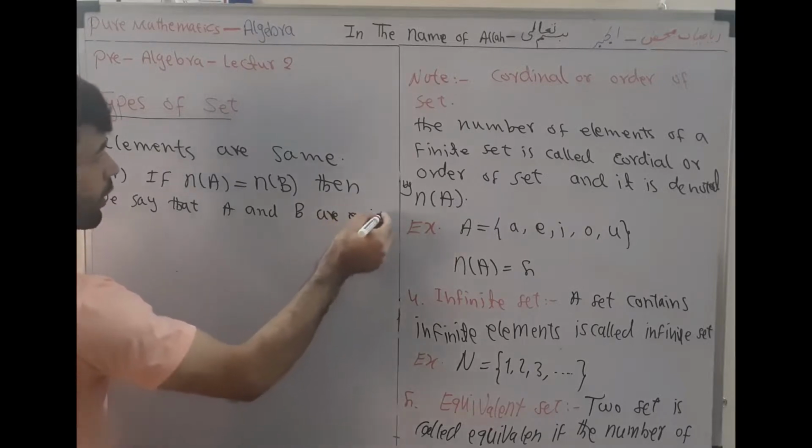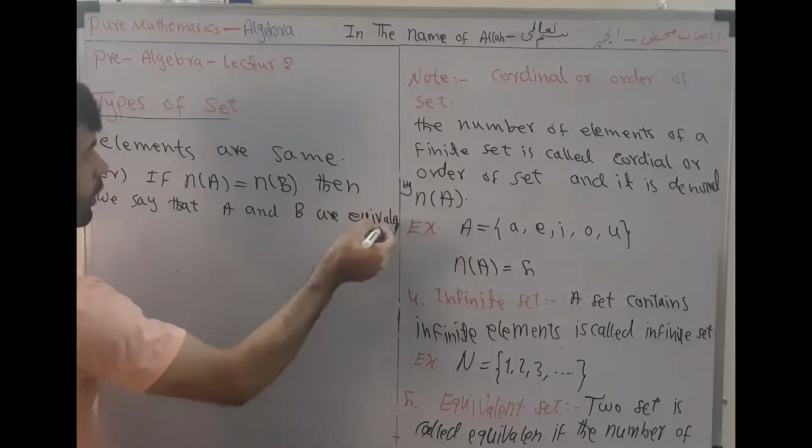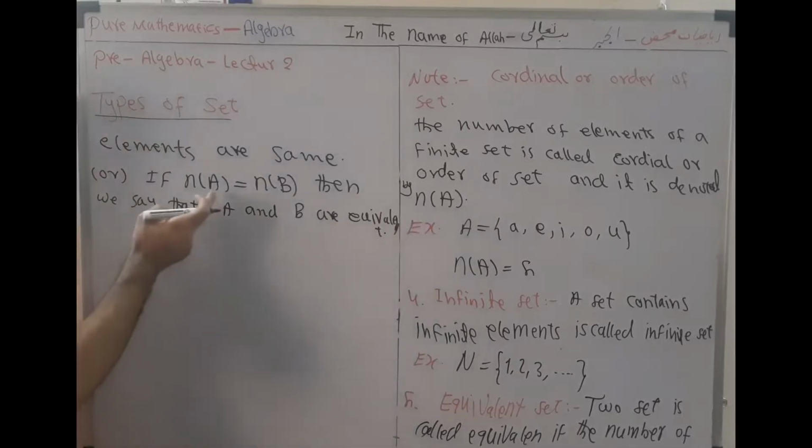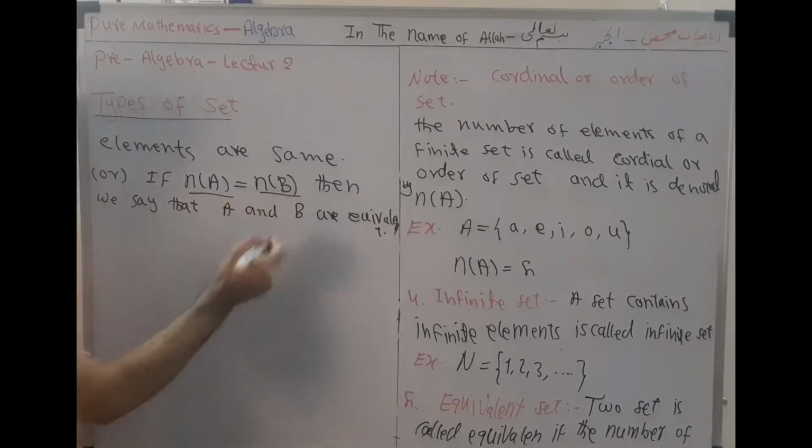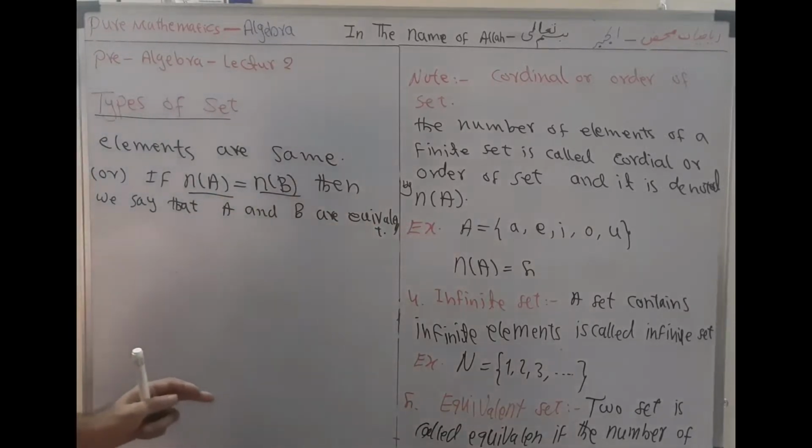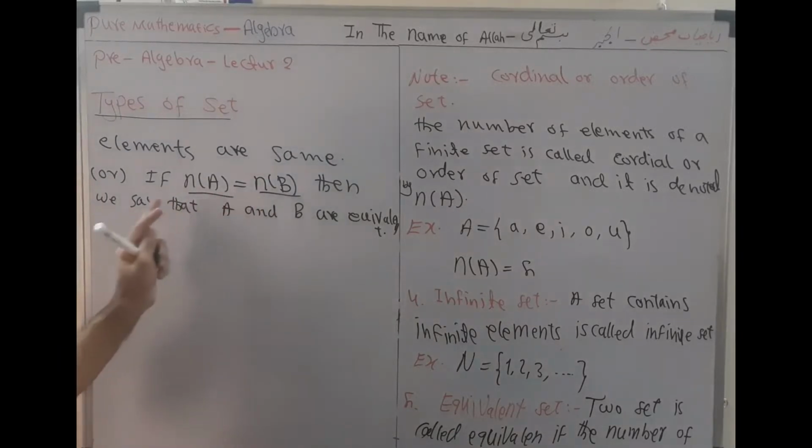If the number of elements or cardinal of sets are the same, then we say that these two sets are equivalent.